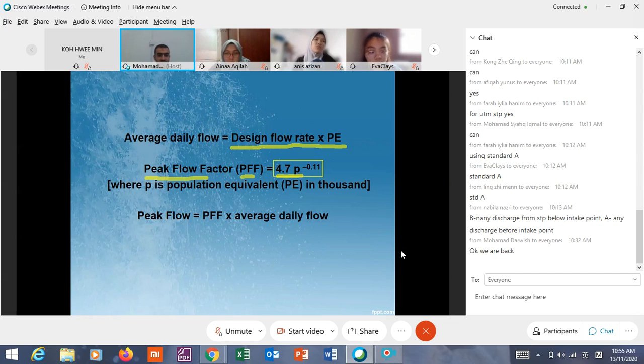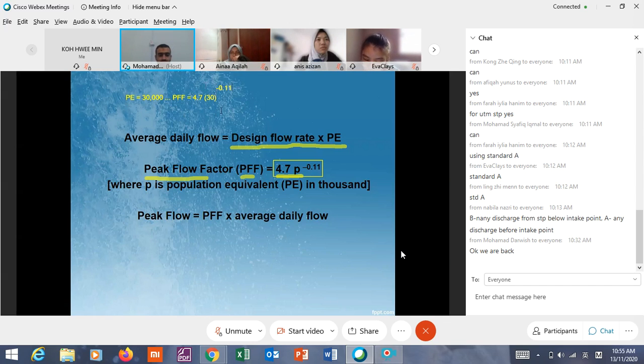Let me write it here. For example, if PE equals 30,000, PFF equals 4.7 times 30, because we have to take the PE in thousands, 30 to the power minus 0.11.